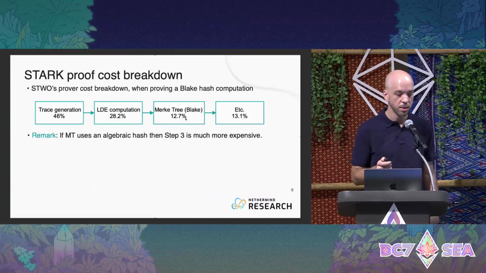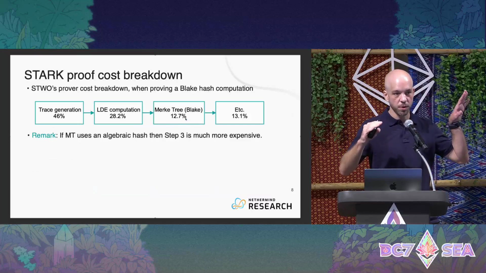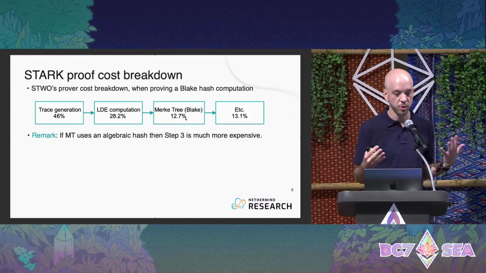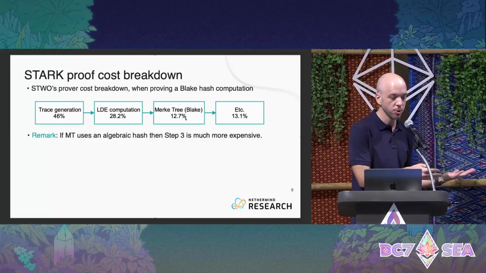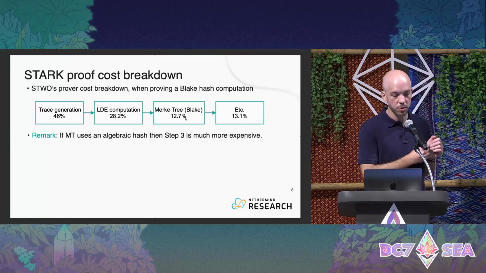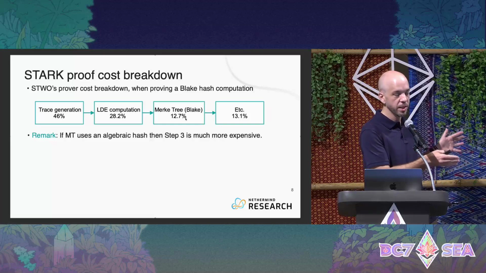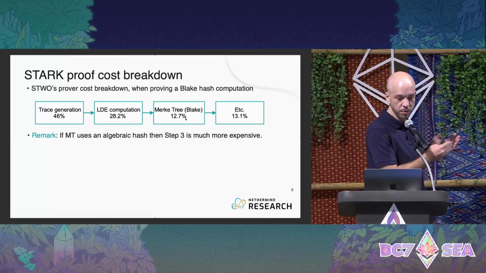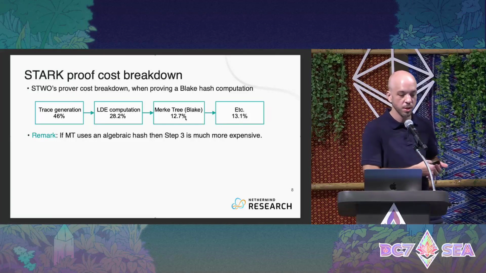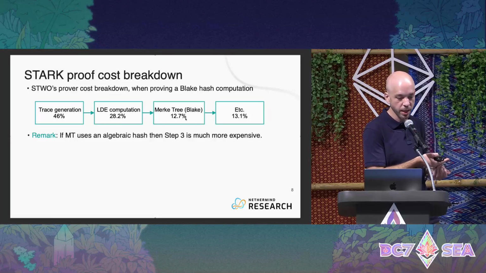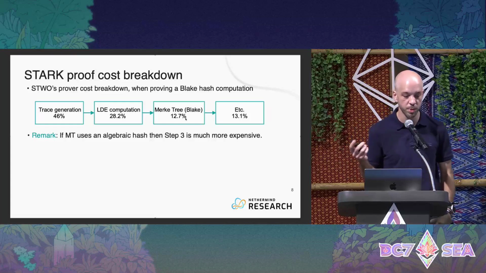And if we are in the context of folding, it means that somehow we want to use recursion. So we are probably not using Merkle trees full of Keccaks or SHA-256 or classic hashes. We are probably using Merkle trees that include some type of algebraic hash, in which case the third step would be much more expensive.